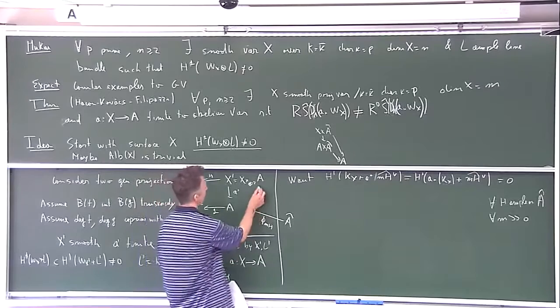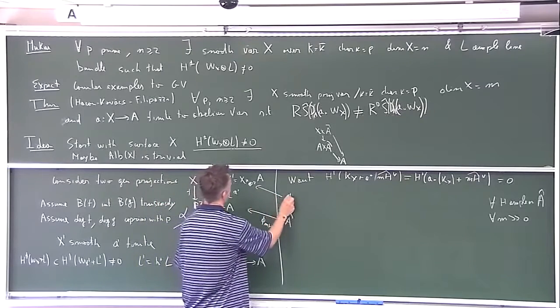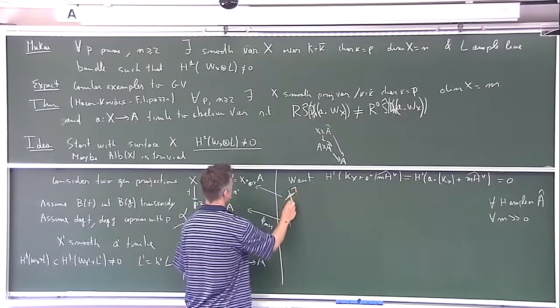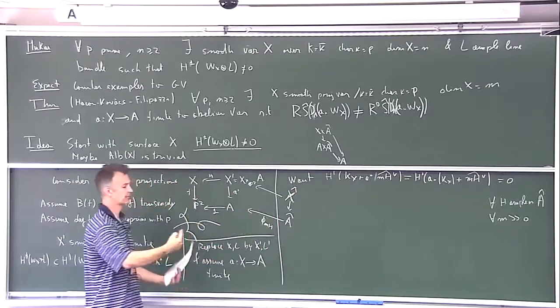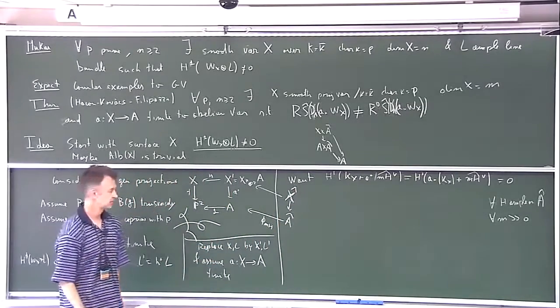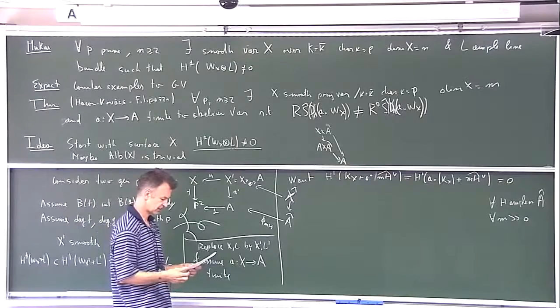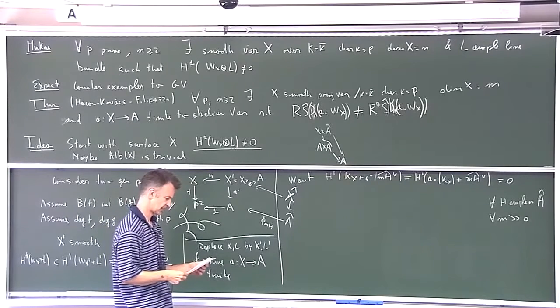And then let me take X hat to be the fiber product. So not only is it separable, but the trace splits, so that cohomology computations become particularly easy.